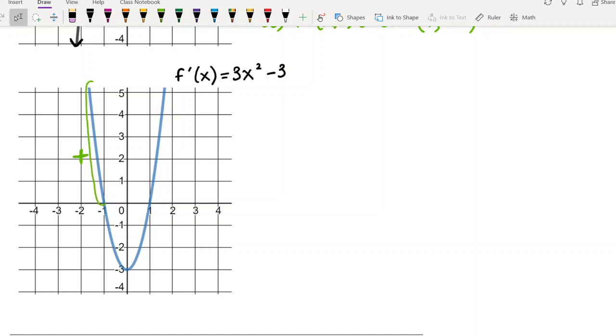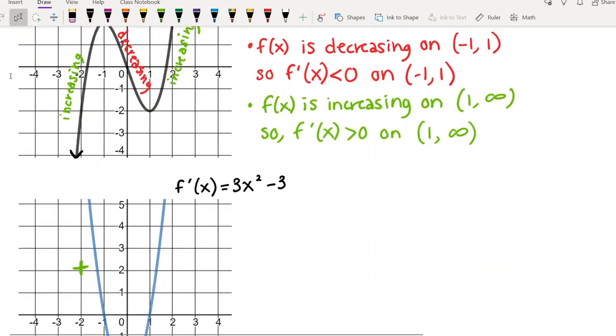So again, when we're talking about positive versus negative, it's really important that you don't mix that up with increasing and decreasing. When we say positive or negative, we literally just mean above the x-axis or below the x-axis. So when the derivative is positive, meaning the derivative lies above the x-axis, that corresponds to the original function increasing.